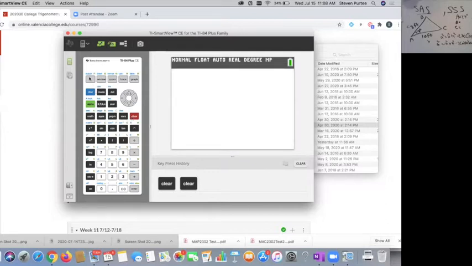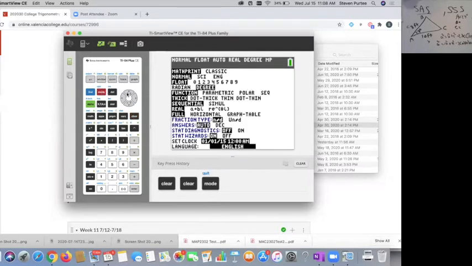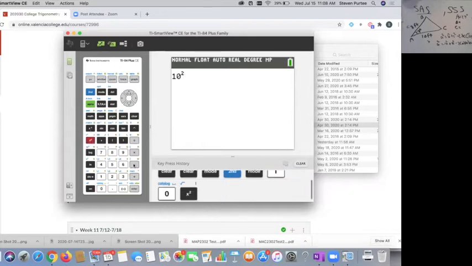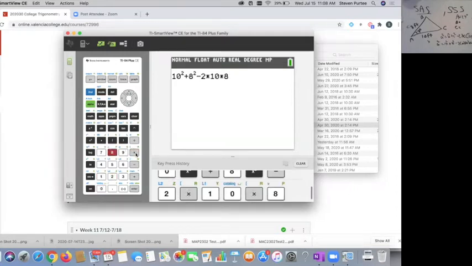We want to make sure we're in degree mode. So go into mode, I'm in degree mode. And so I'm going to type it all out, even though we know what 10 squared is. I could just type 100 plus 8 squared minus 2 times 10 times 8 times cosine of, I think it was 27 degrees.